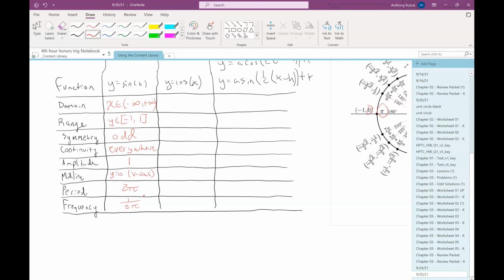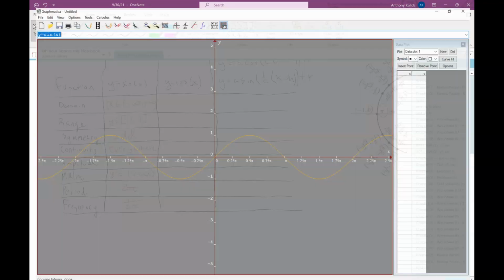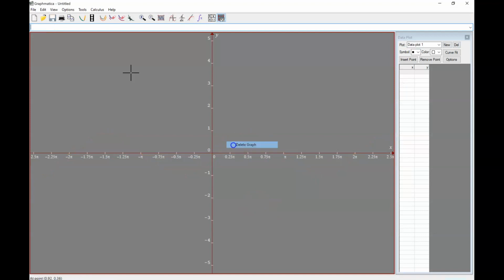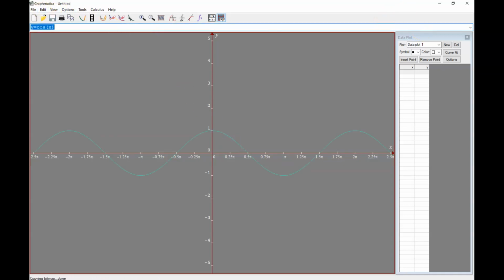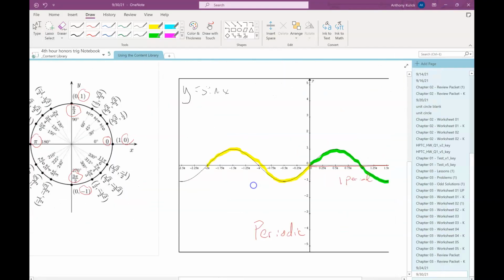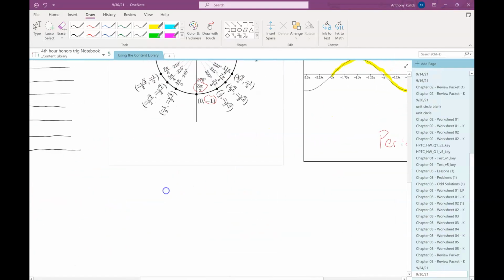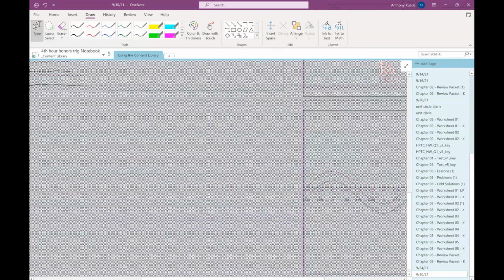Okay, let's do the same thing with cosine. So let's generate the cosine graph here right quick, so we can have something to look at. Grab that, and I'll drop it in right here below it.